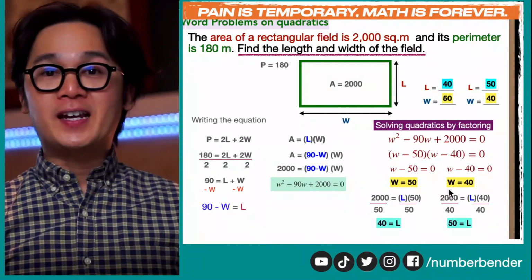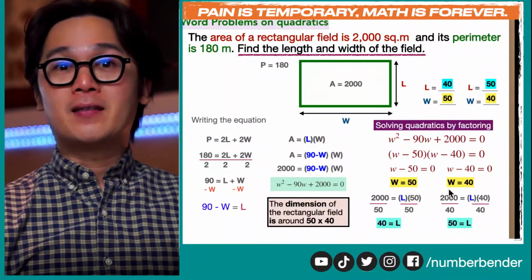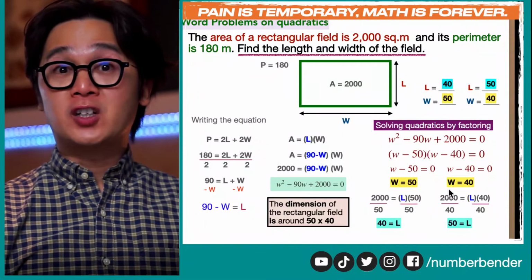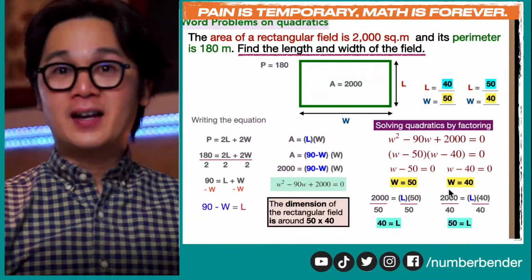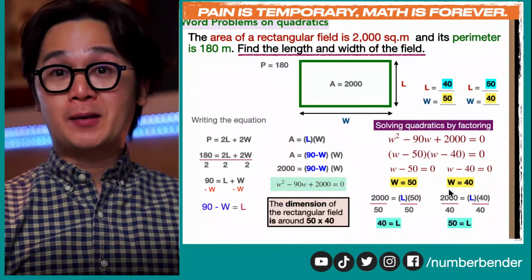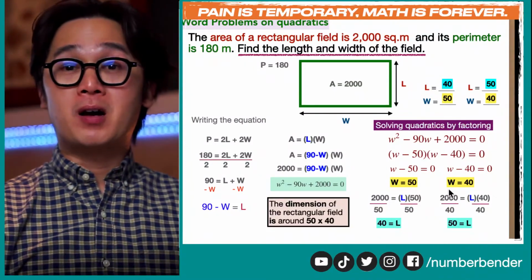So in this case, it's safe to say that for the length and the width of our rectangular field, even if you switch it around, the area and the perimeter will still be the same. So my dimension for this rectangular field is going to be 50 by 40.